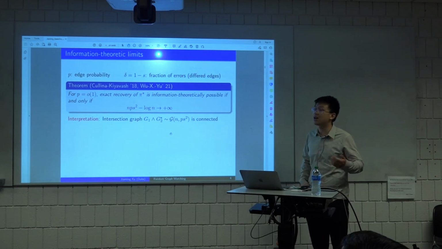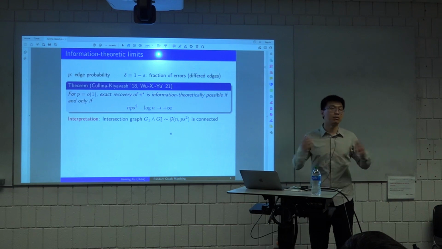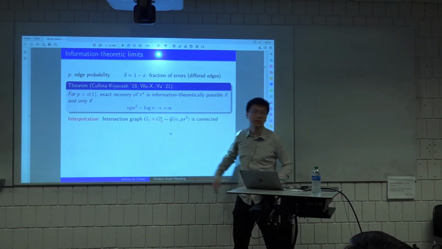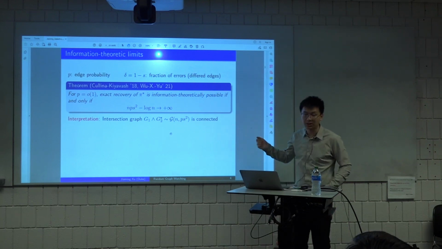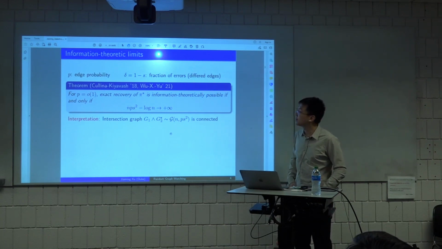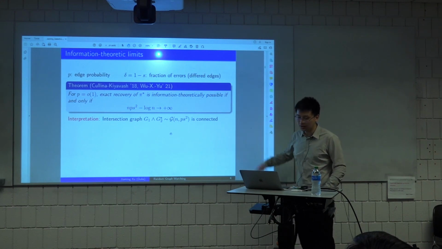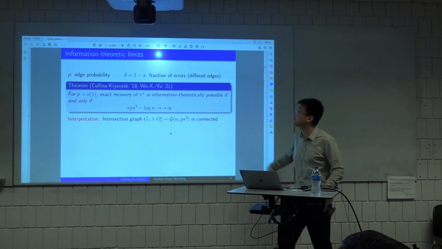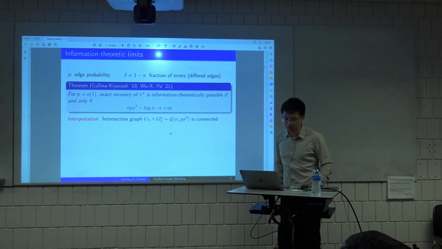The intersection graph contains all the edges in both A and B, so you have edge probabilities p times s squared, because you subsample the edge independently twice. Once this goes to infinity, the intersection graph is connected. So this threshold coincides with the connectivity threshold, at least in this p equal to little 1 region.